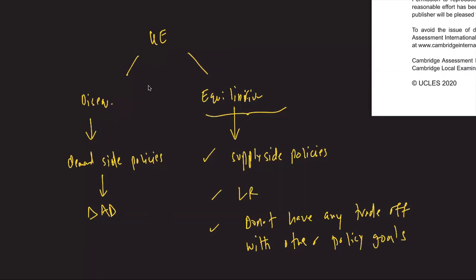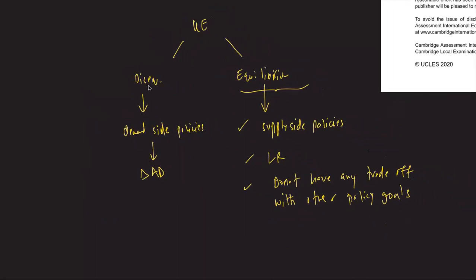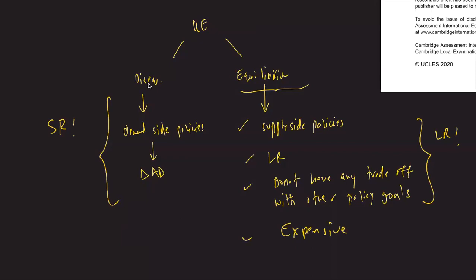But then we also need to talk about the idea that demand side policies are more appropriate in the short run. Supply side policies work in the long run, but they're also expensive to conduct because we're looking at training, education, laws, regulation, and so on.